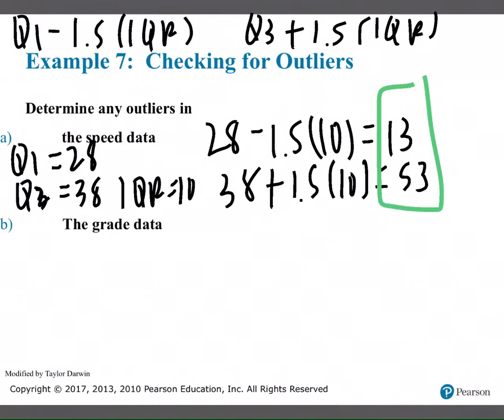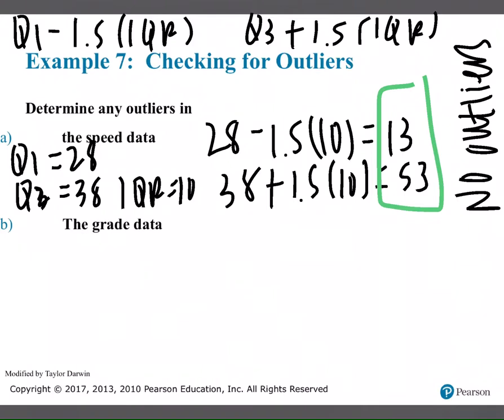Basically, did I have anyone go slower than 13 miles an hour or faster than 53? In that original data set, there were no values that were outside of these fences. So in this case, we have no outliers. Now, if you were to add that person who went 100 miles an hour, yes, you would have an outlier.